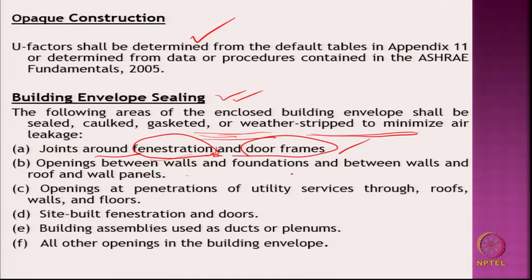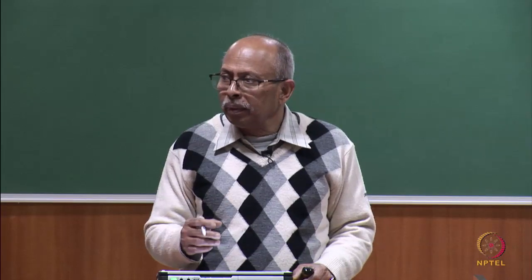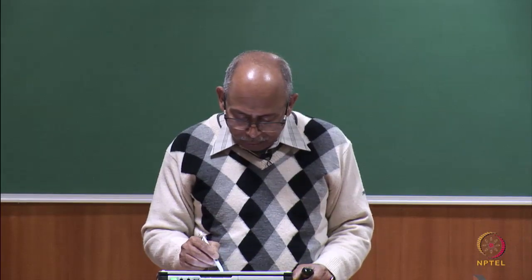Openings between walls and foundation, and openings between wall, roof, etc. Openings at penetration of utility, for example, a pipe or duct is coming, so the leakages shall be sealed totally. This area should be sealed, and utility services through roofs, walls, floors, etc. So, any pipe coming in, that area should be sealed.